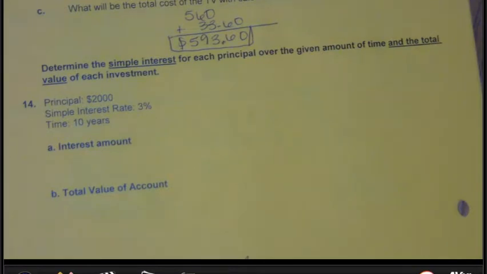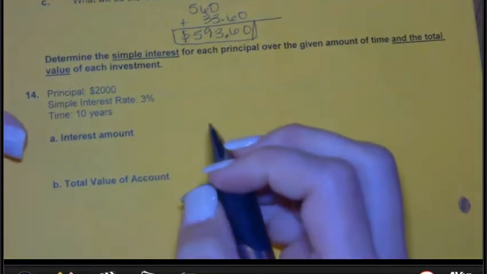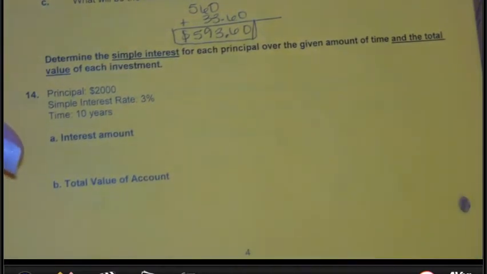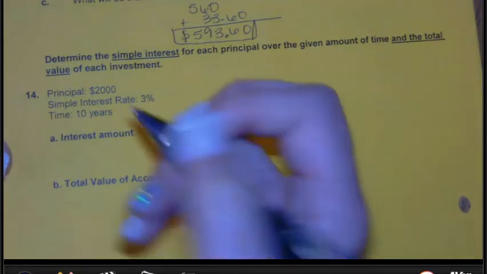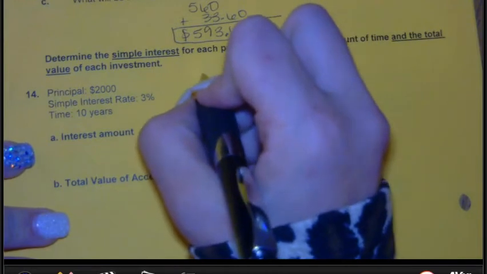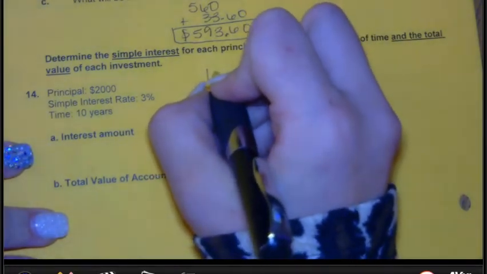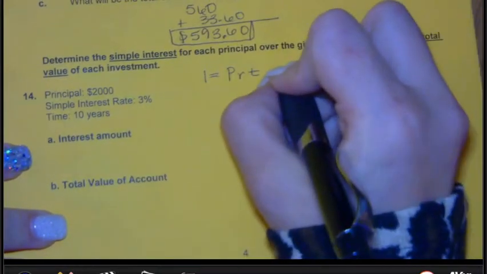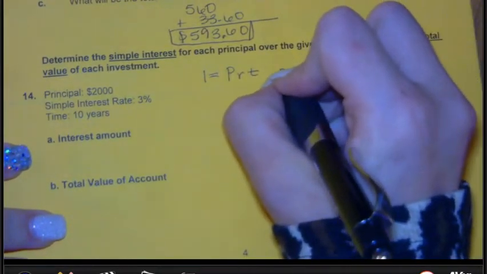All right. Determine the simple interest for each principal over the given amount of time and the total value of each investment. So I'm just finding simple interest. Remember, simple interest is equal to PRT, where you are multiplying this all out.